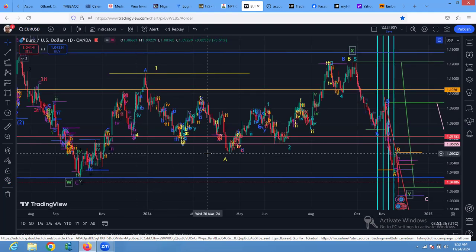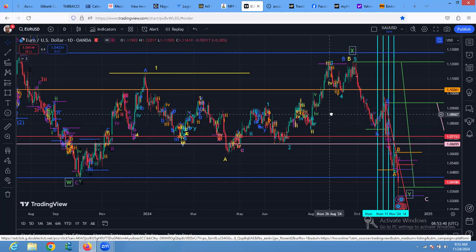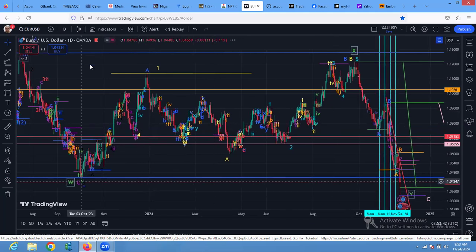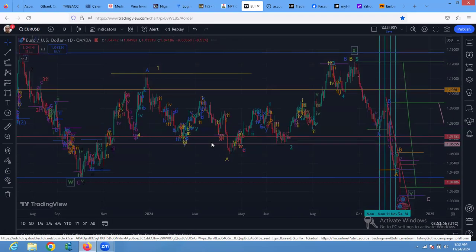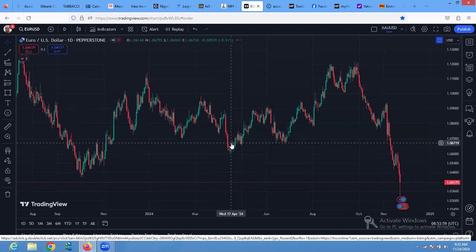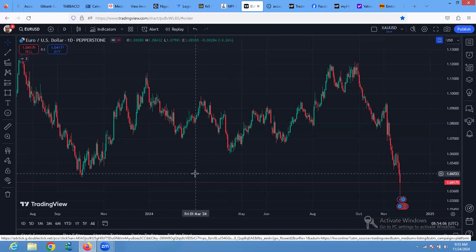Bringing out my drawing, you can still see that the W, let me look for one that is not as messy as this. I think I have this one drawn.